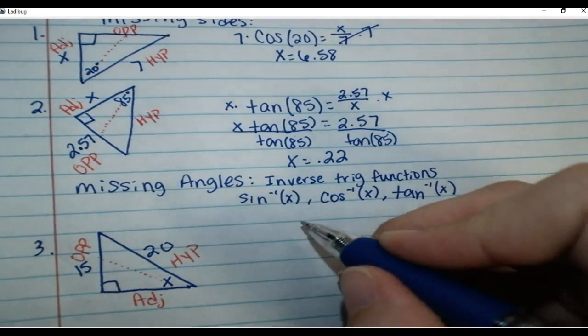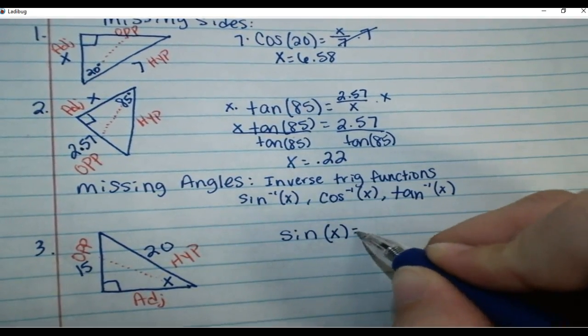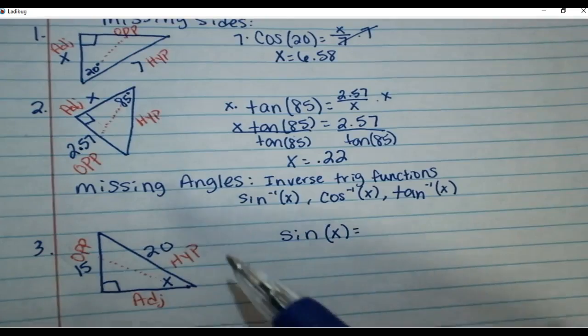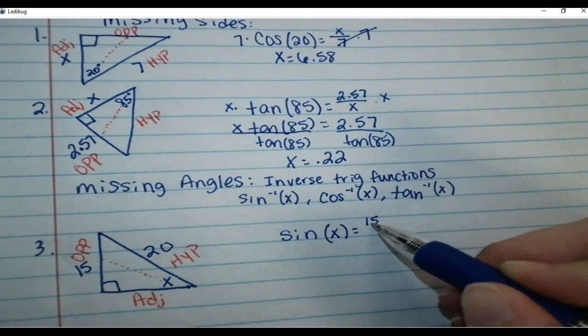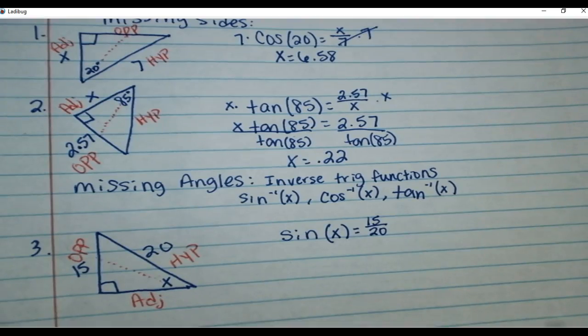Sine, good. So we do sine of x, because we don't know the angle, that's what we're trying to find. And then we know sine is opposite over hypotenuse. Our opposite's 15, our hypotenuse is 20. Any questions setting it up?